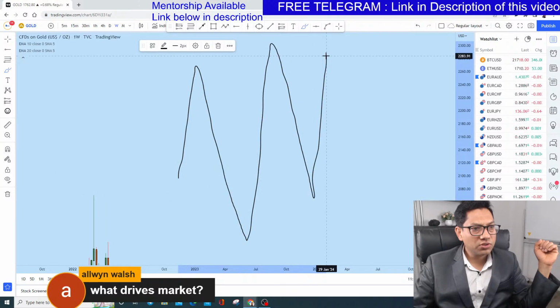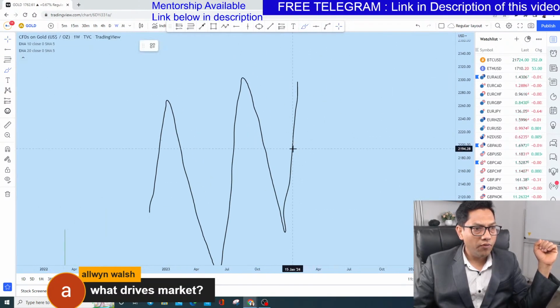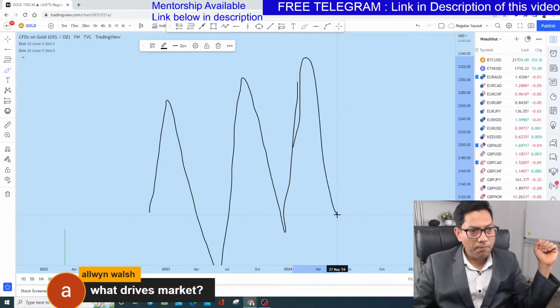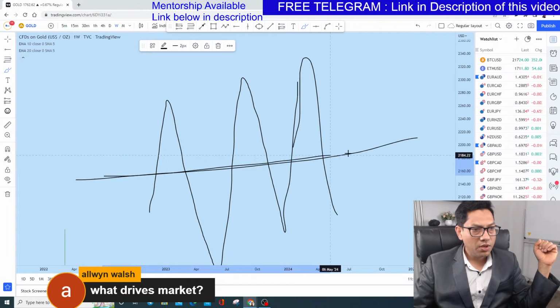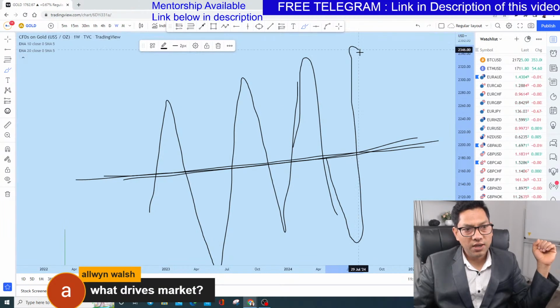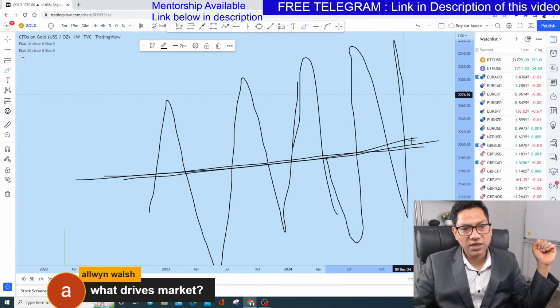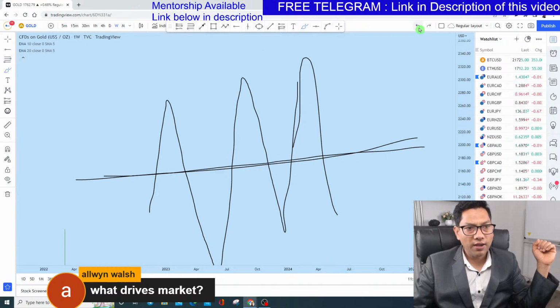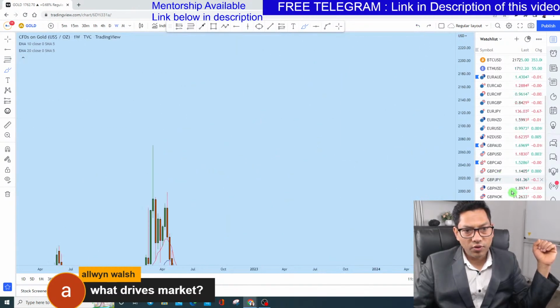When it goes in one direction, overextended, it normally comes back to the mean, the average. If this is the mean value, the market normally doesn't like to stay far away from this mean average. It normally comes back and again goes to the other direction and comes back. So this is how the market moves.